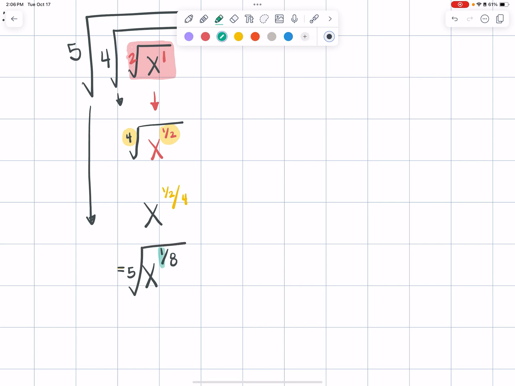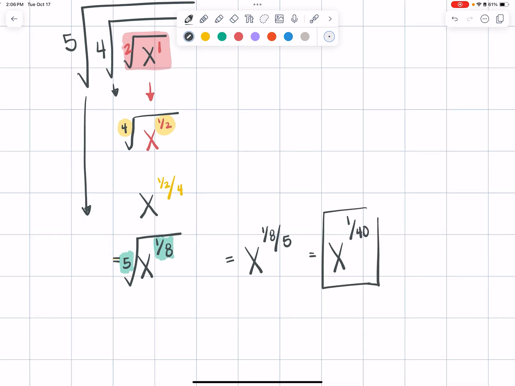Now I've got 1/8 on top over 5. So my final answer will be x to the 1/8 over 5, which is going to give me, when I simplify that, x to the 1/40. And I can leave that in exponential form.